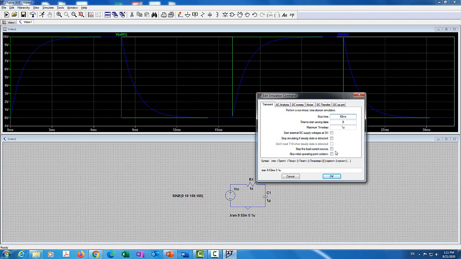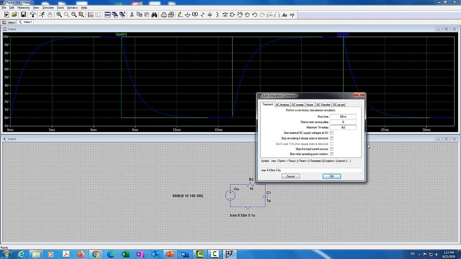Keep in mind that sometimes you need to play with this, because things will happen as I go to different frequencies. At this frequency, I have 6.3 millisecond per cycle. I can make the maximum step size 6 micro to be a good resolution.